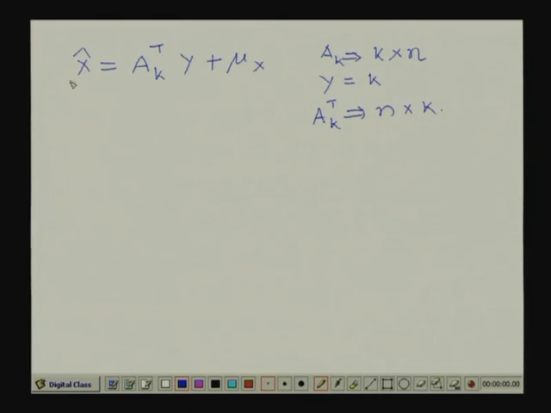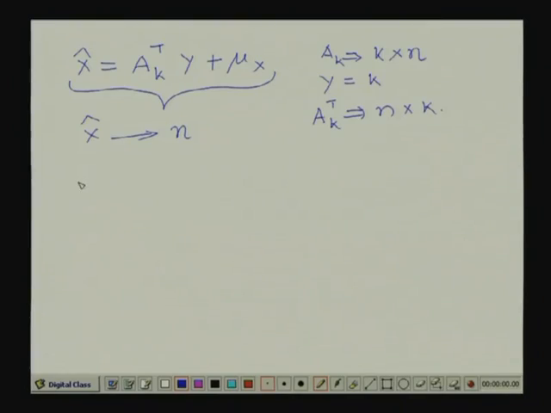So, this inverse transformation gives me the approximate reconstructed x, but the dimension of x hat, which is the approximation of x, is the same as x, which is n. So, by this inverse transformation, I get back a vector x hat of the same dimension as x, but it is not the exact value of x, this is an approximate value of x.